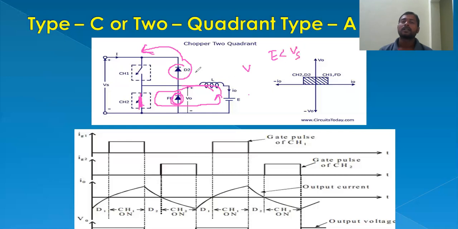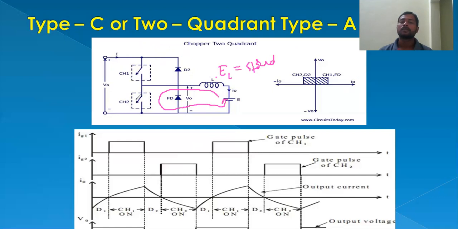That's why current cannot flow in this direction. Only this is the path to flow the current when chopper 2 is on, and the inductor stores energy if chopper 2 is closed.